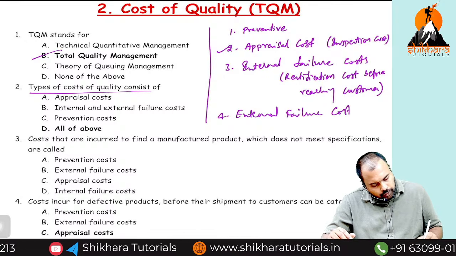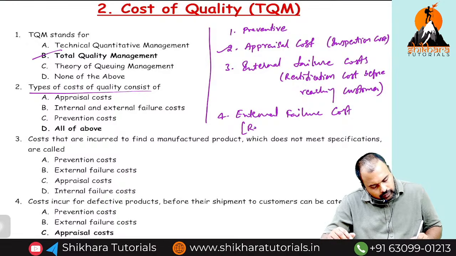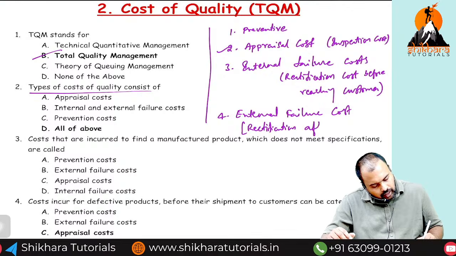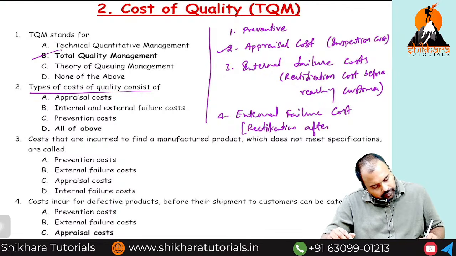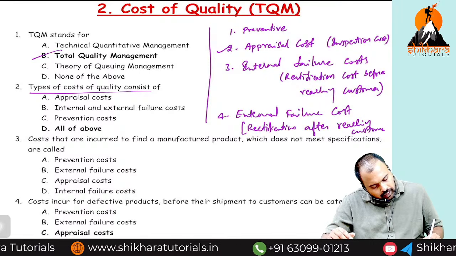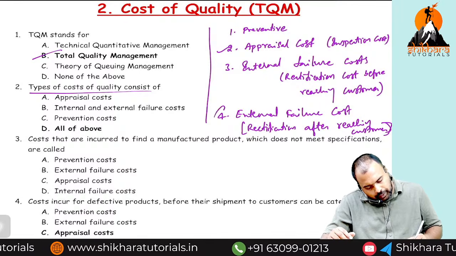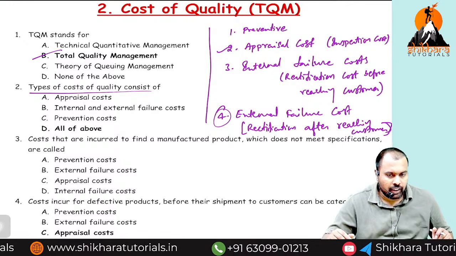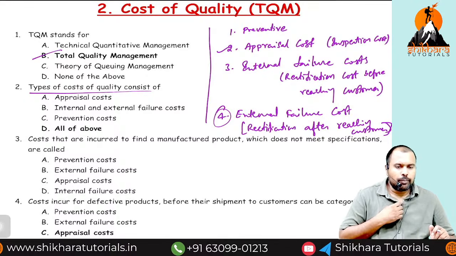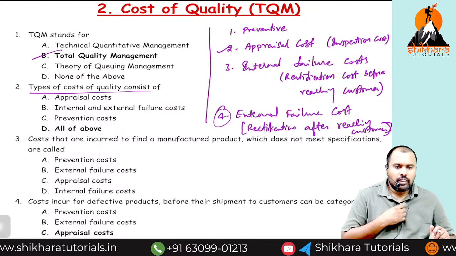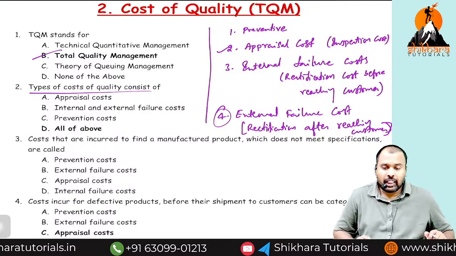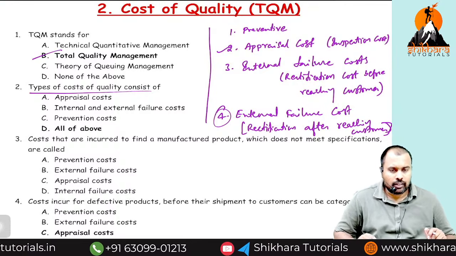The external failure cost is also a rectification only, but after reaching customers, and this is a very high cost, sir, because your reputation will get damaged. You transport goods to a customer and they find some defects, and if they give it back to you and you rectify the damaged product, that is called external failure.